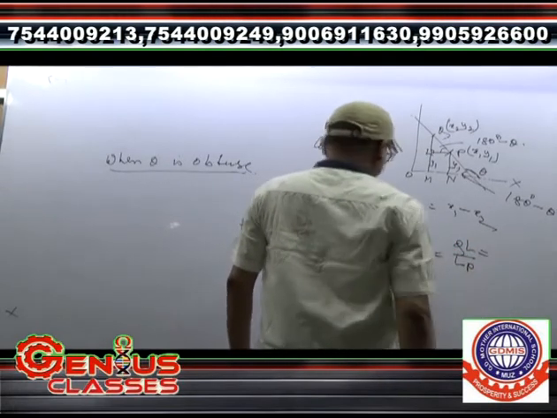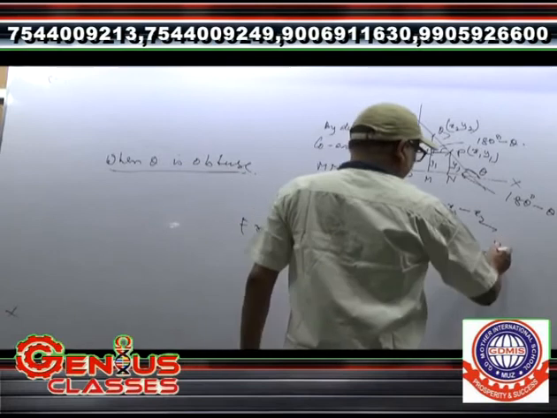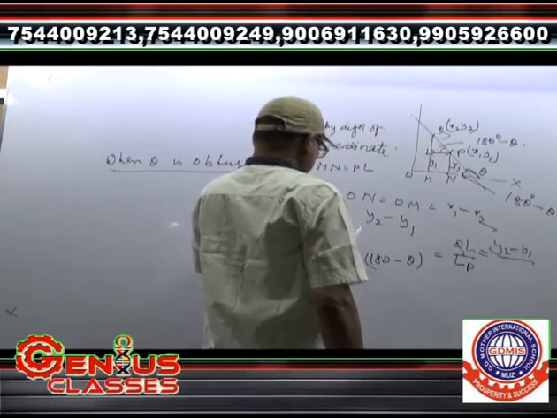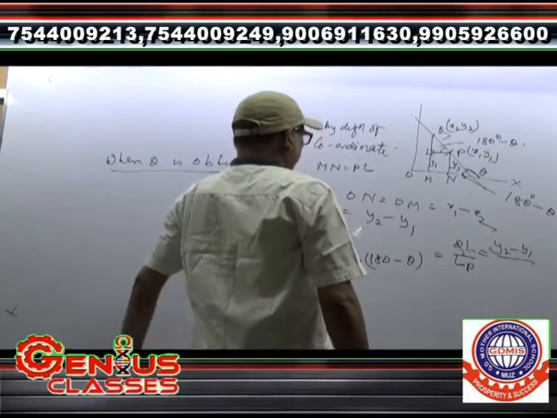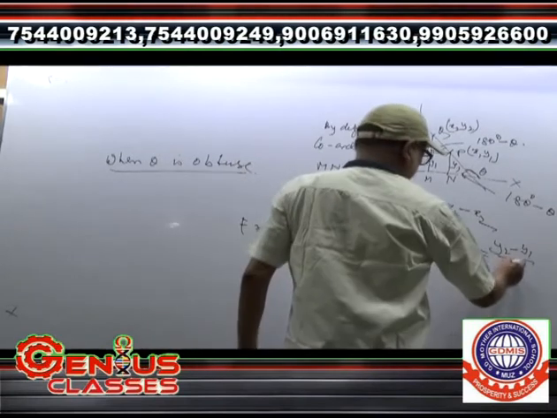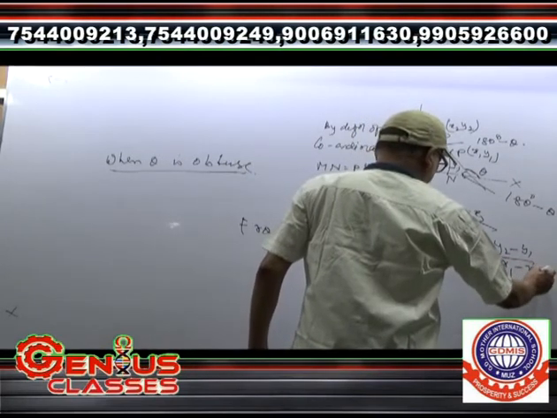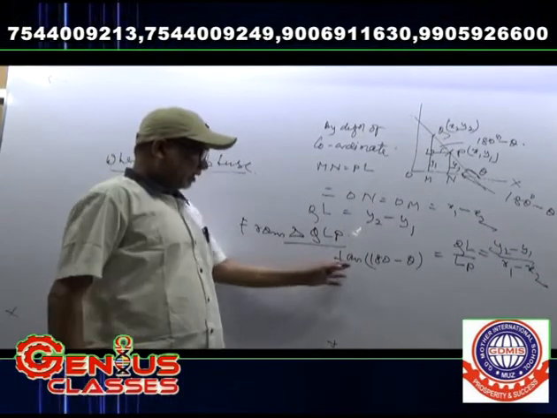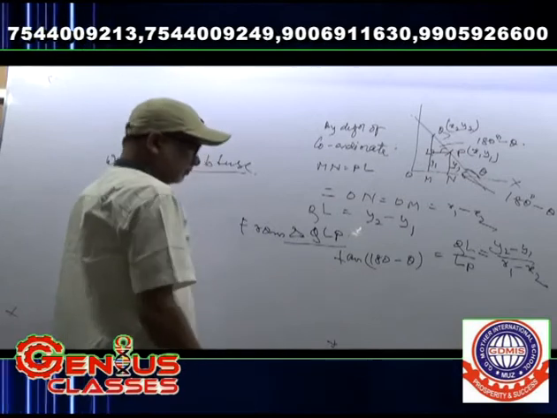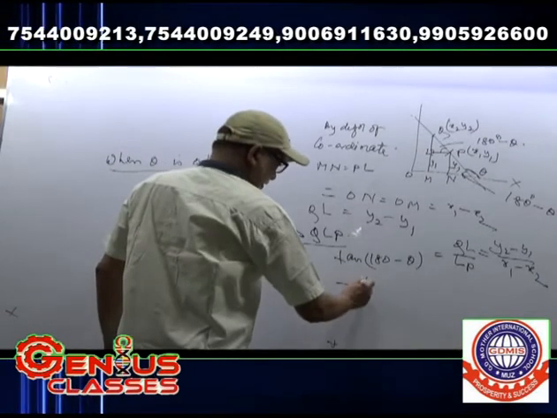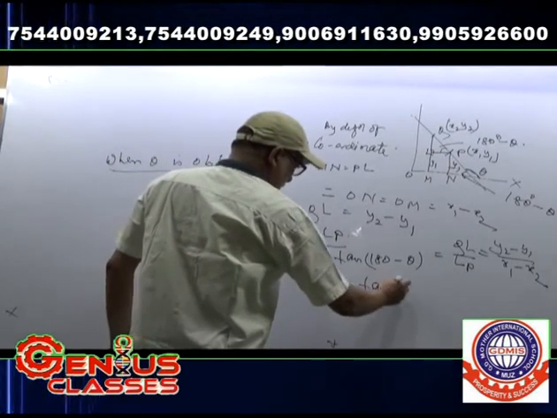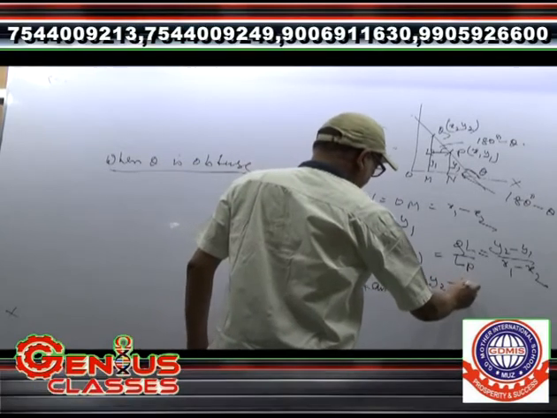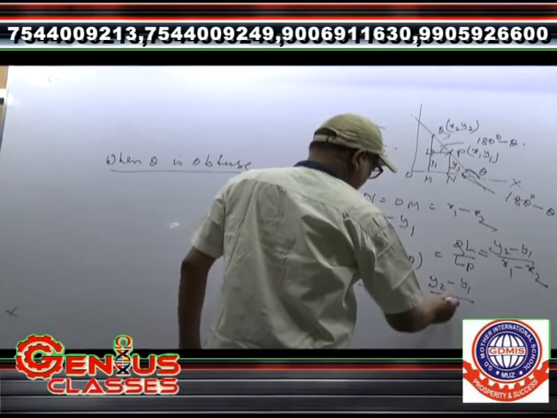QL का वैल्यू y2 minus y1 बटा LP का वैल्यू, PL का वैल्यू x1 minus x2. And therefore, we know that tan of 180 minus theta is equal to minus tan theta is equal to y2 minus y1 बटा x1 minus x2.